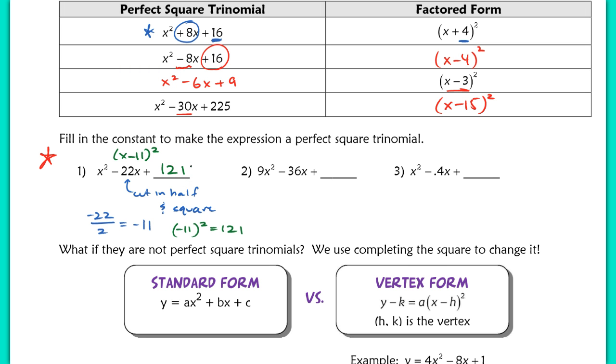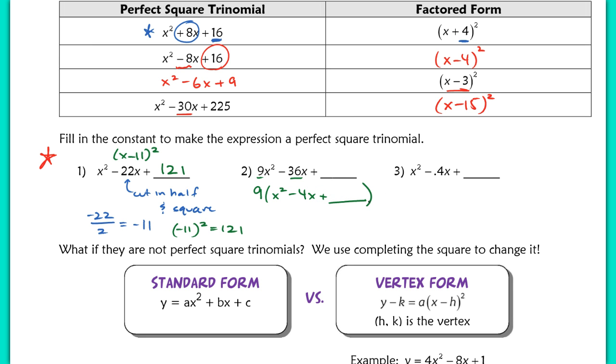Now in this next problem, this is a little bit trickier. None of these problems in this table really reflect this type of question here, but basically in this problem, if I just cut this number in half and then square it, it's going to be off by a certain factor. So what I want to do here first is actually take out the 9, because I noticed that this is the GCF between 9x squared and negative 3x, or it's a factor I should say, but I'm going to take that 9 out, and I have x squared minus 4x plus some constant.